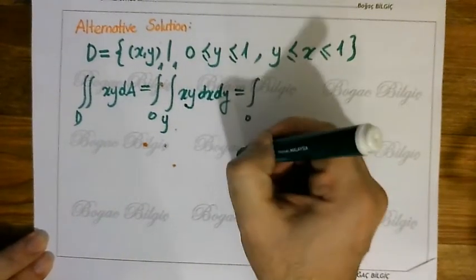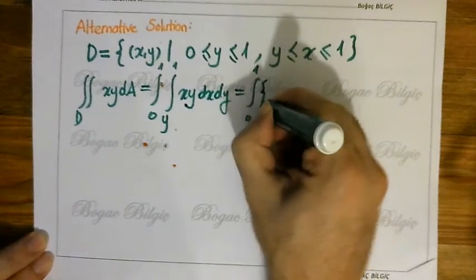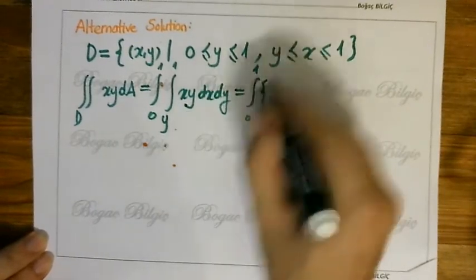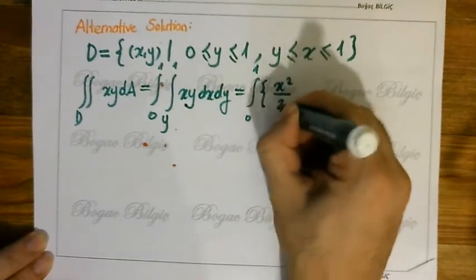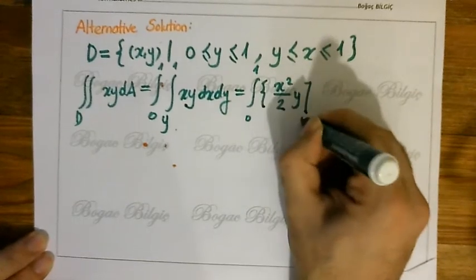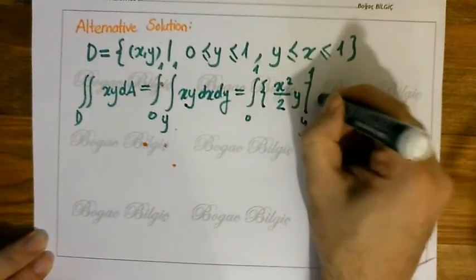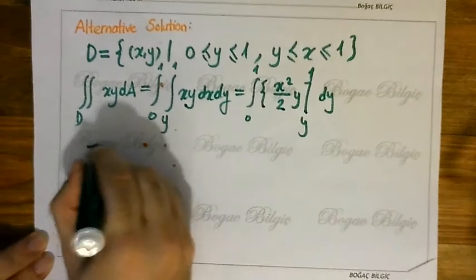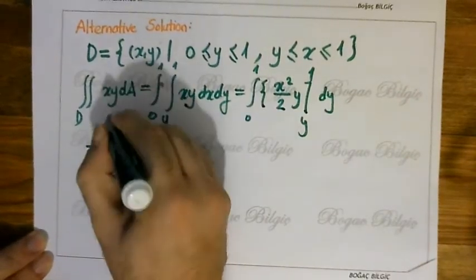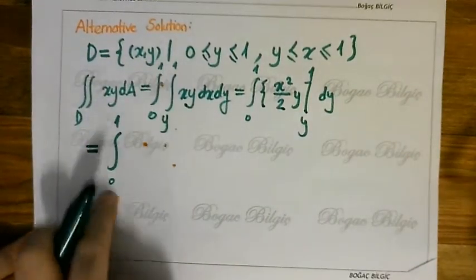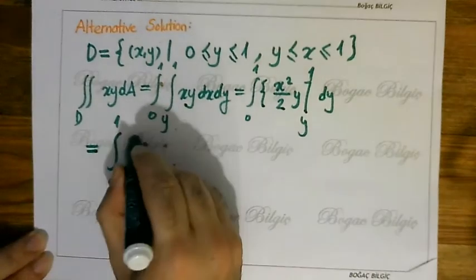From 0 to 1, we calculate easily: x squared divided by 2 times y, from y to 1, dy. So it is equal to the integral from 0 to 1 of (1 squared minus y squared) divided by 2 times y dy, which is y squared divided by 4 minus y to the fourth divided by 8 from 0 to 1.